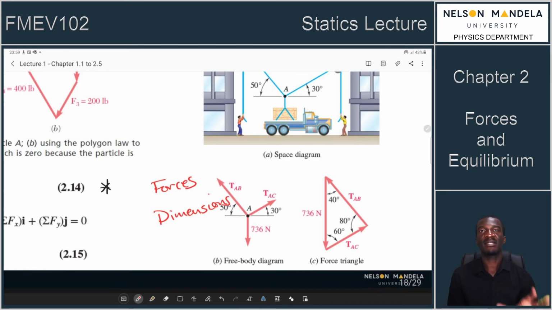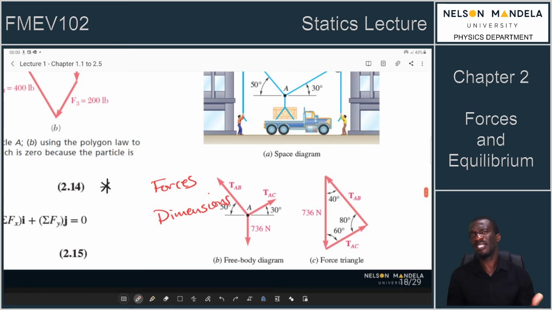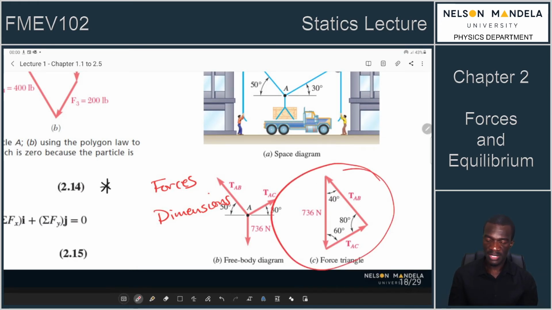Have the habit of always stating your dimensions. You can put the symbols that represent the dimensions, or you can put the actual values on your free body diagram. I actually prefer to put the symbol and equate it to the value, because that way you can do your math easily. Then you've got alternative forms of the free body diagram.